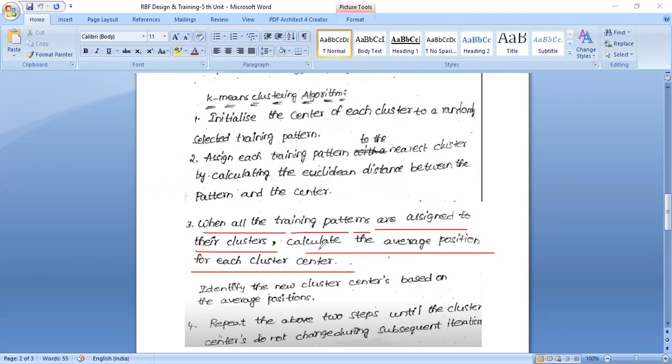Okay, when all the training patterns are assigned to their clusters, calculate the average position for each cluster center point. So if after finding the average, it is not suitable, better we go for changing the cluster center, choosing the value which is near to the calculated average.